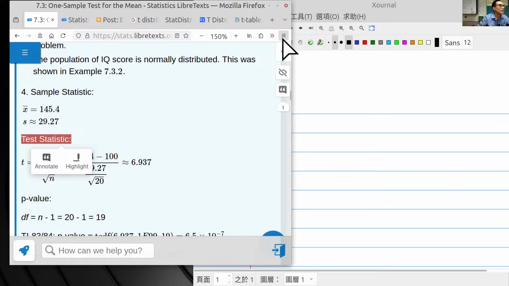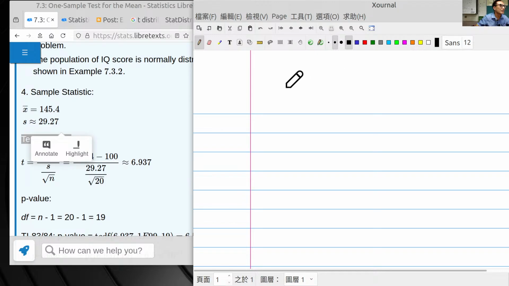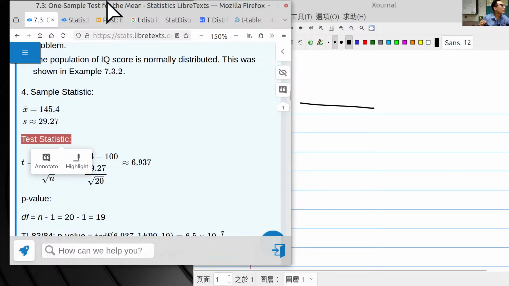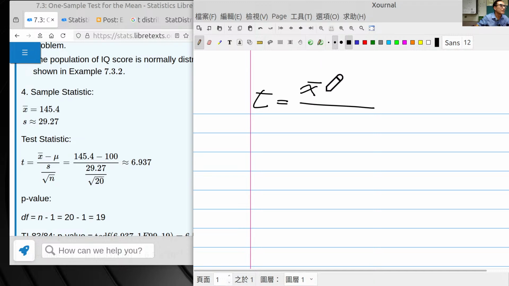The formula looks like this: t equals x mean minus the population mean, divided by s over square root of n.